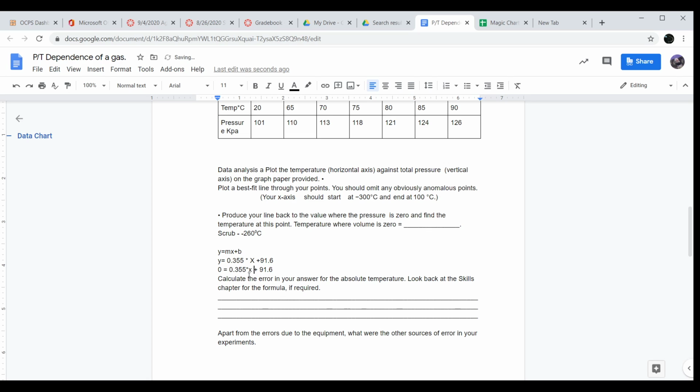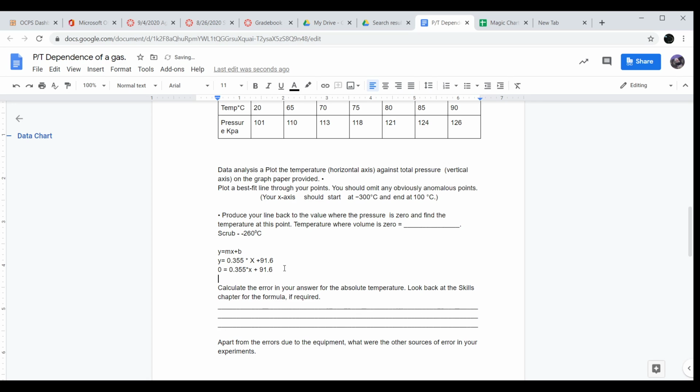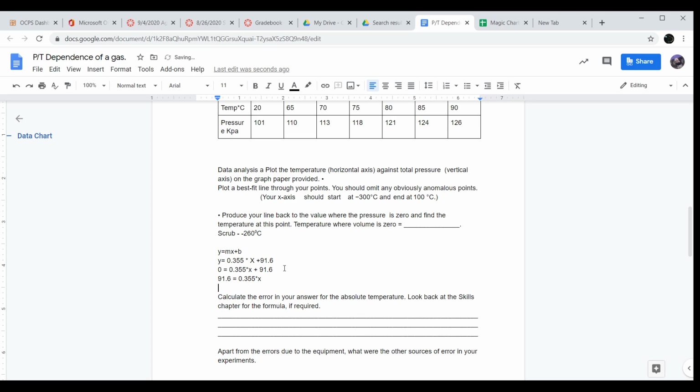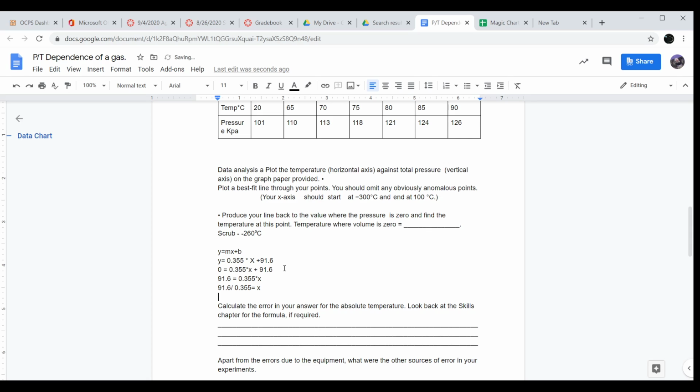Now we'll move the 91.6 over: 91.6 equals 0.355 times x. So 91.6 divided by 0.355 equals x. Then we just have to actually do the math there.